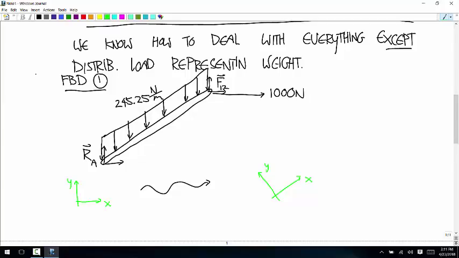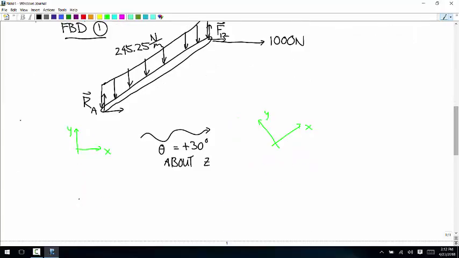What's the rotation matrix that we need to go from that coordinate system on the left to the one on the right? It's 30, yes, positive 30. And then about what axis? Z-axis, yep. So theta is equal to positive 30 degrees about Z. And you can think of that distributed load as a vector.